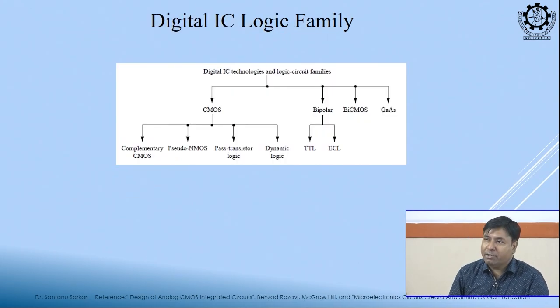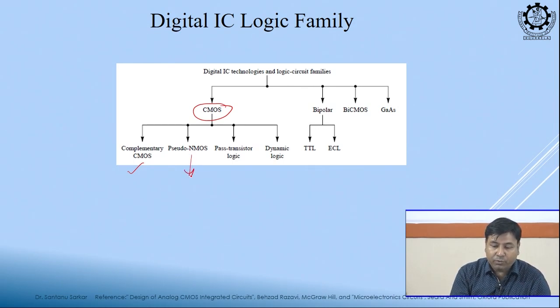If we discuss different integrated circuit logic families, digital IC technologies and logic circuit families, we have CMOS, we have BJTs, and we can include both BJT and CMOS, that is BiCMOS, and we can have gallium arsenide. In CMOS, which we are presently studying, we can have the complementary CMOS structure using PMOS and NMOS.